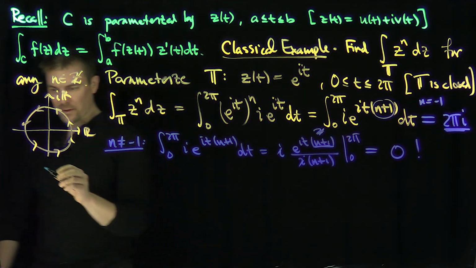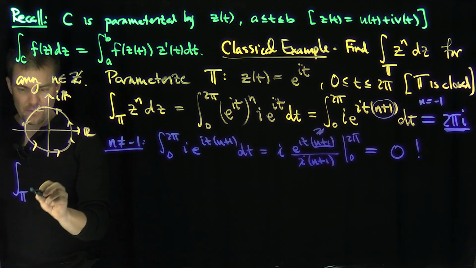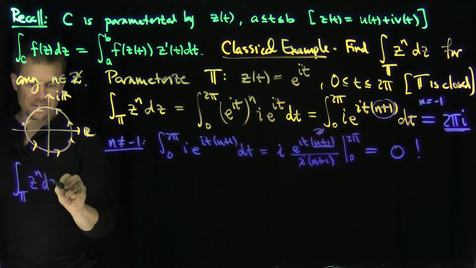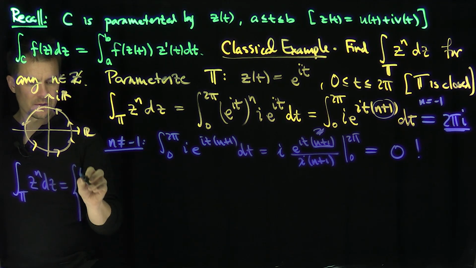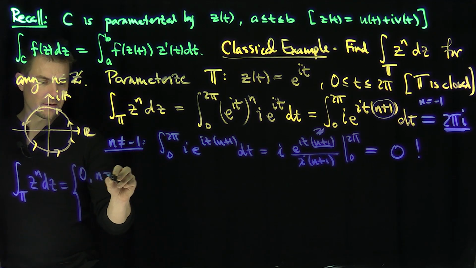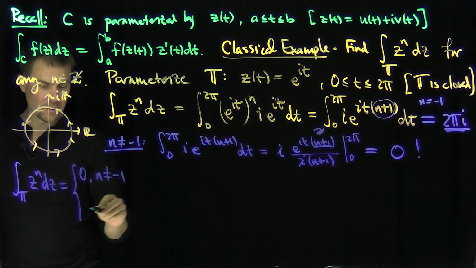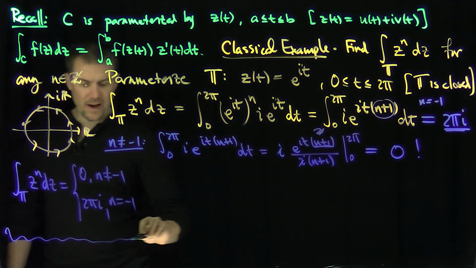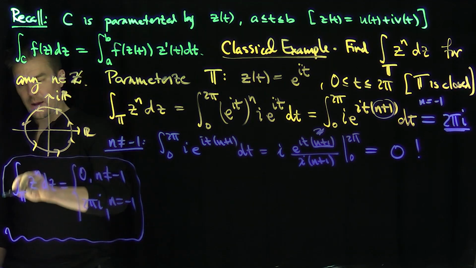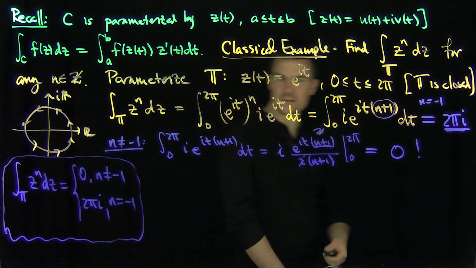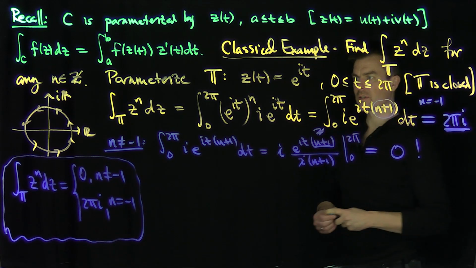So in other words, we just showed the following fact: the integral over C of z to the power n dz is equal to 0 if n is not equal to -1, and it's 2 pi i if n is equal to -1. That's a really important fact, as I alluded to. You can call that a lemma or something like that. It's an easy calculation. There's no serious calculus behind this.